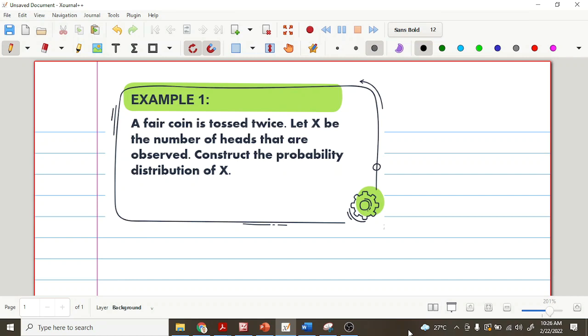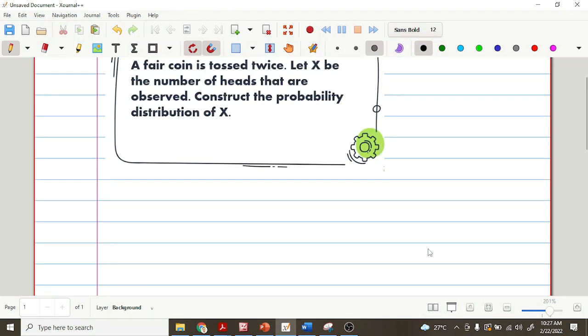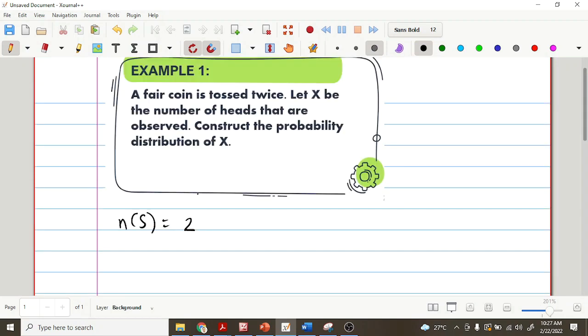So, syempre, kailangan muna nating alamin kung ilan yung mga possible outcomes. Kasi from those possible outcomes, doon natin malalaman kung ano ba yung mga values ng ating random variable. So, for us to obtain our number of possible outcomes or yung number of elements sa sample space S, we raised 2 to the number of things that are involved in our experiment.